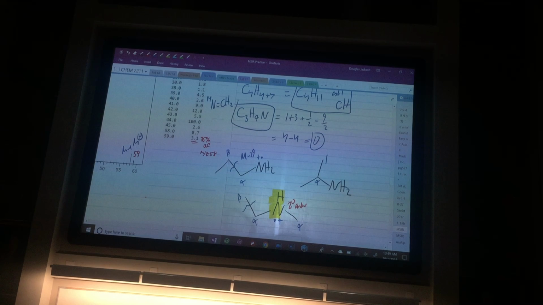The only way to get only M-15 as the base peak is to have 2-propanamine. Okay?